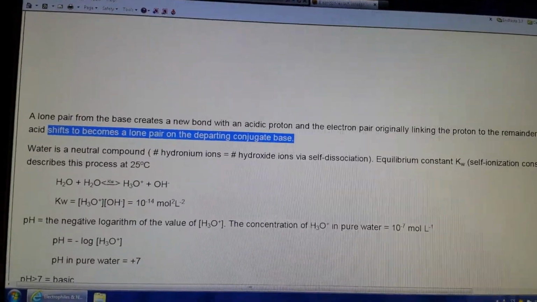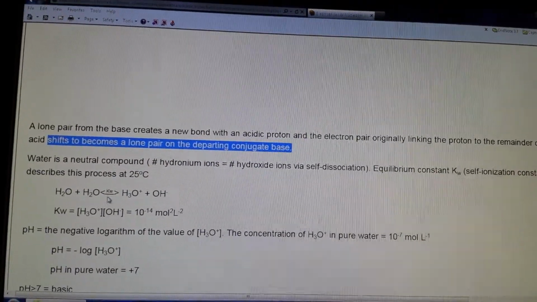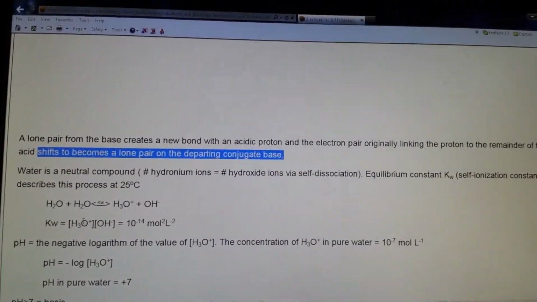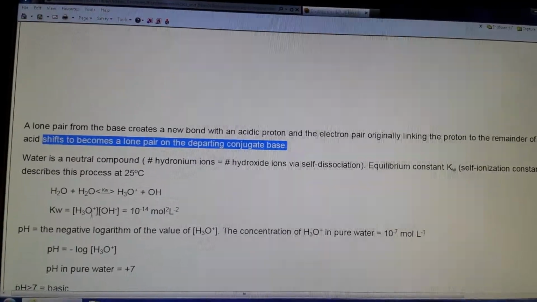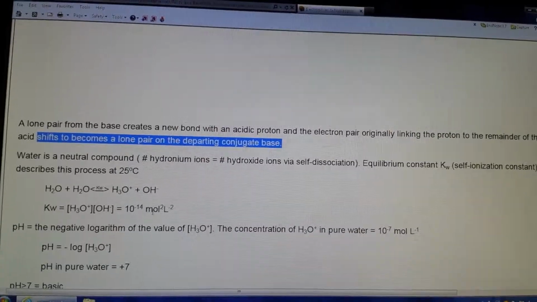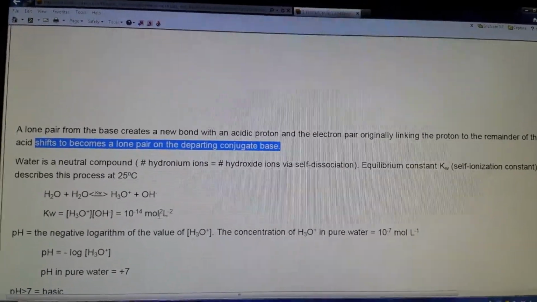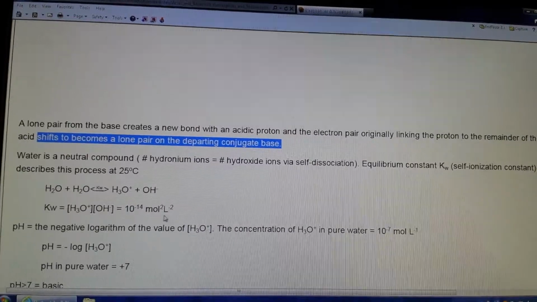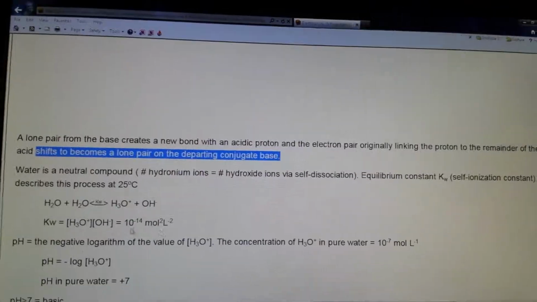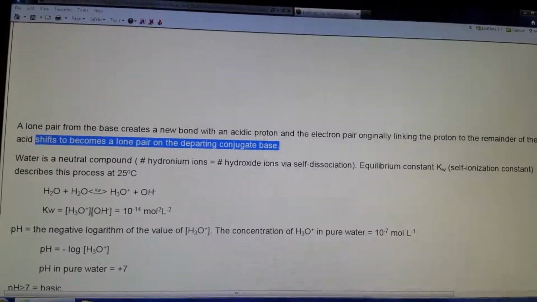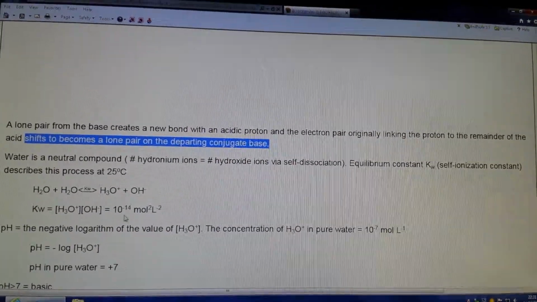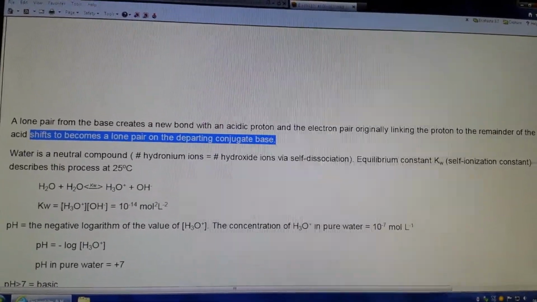If you want to calculate, Kw equals the H3O+ concentration times the hydroxide ion concentration, both molar concentrations in brackets, and it equals 10 raised to the power minus 14 mol² per liter². So Kw is 10 to the power minus 14.